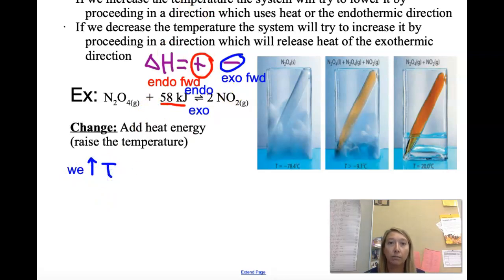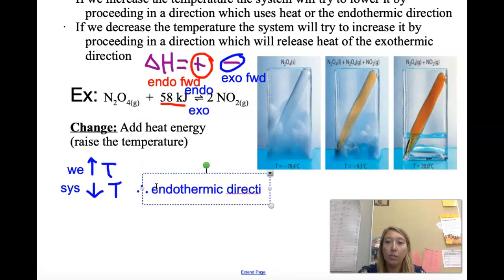We made it hotter. So the system wants to do the opposite. The system is going to want to decrease the temperature. If it wants to decrease the temperature, the way to decrease it and make it cold is going to be to go in the endothermic direction.